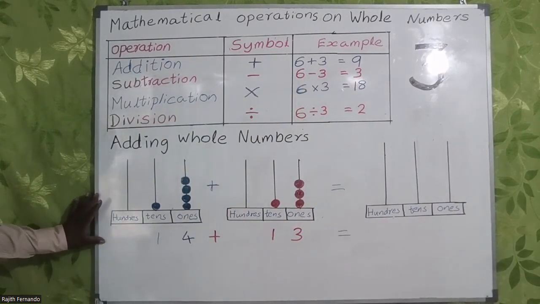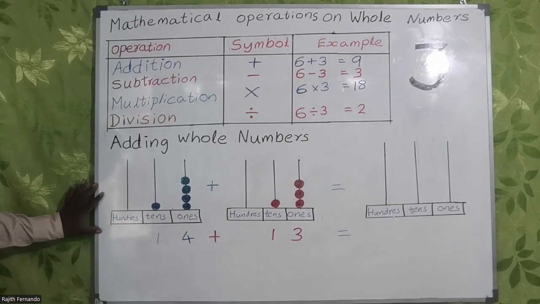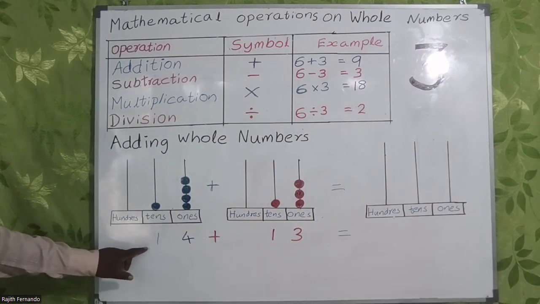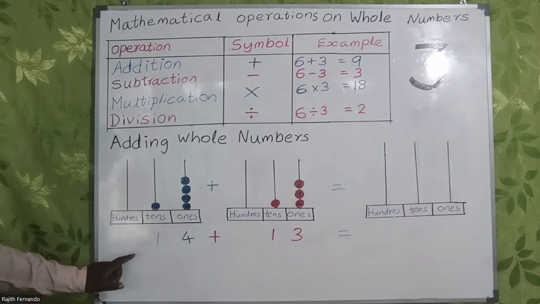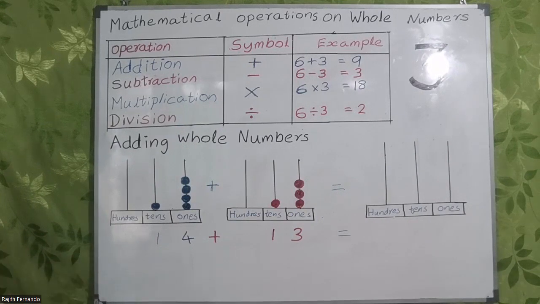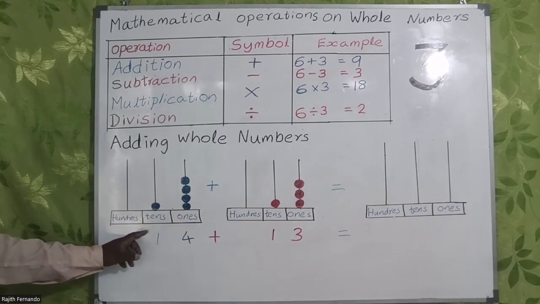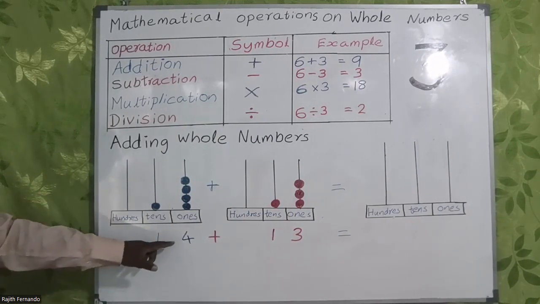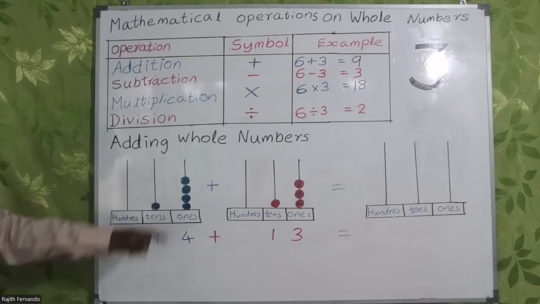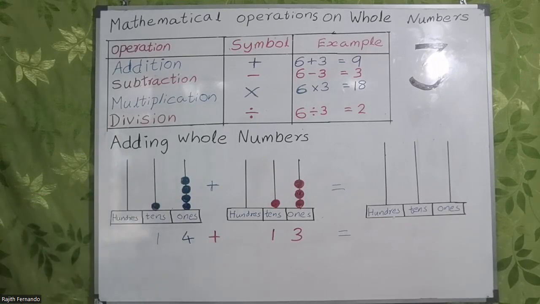I have written down 14 here. You know how to indicate the number in the counting frame. In the tens place, you have to put one ball, and in the ones place, you have to put four balls.